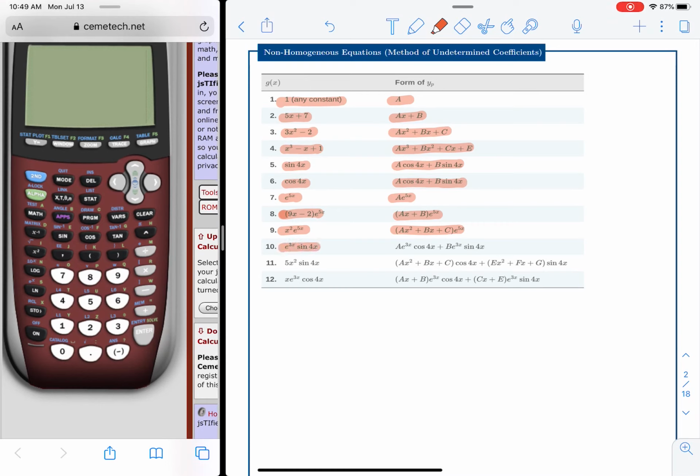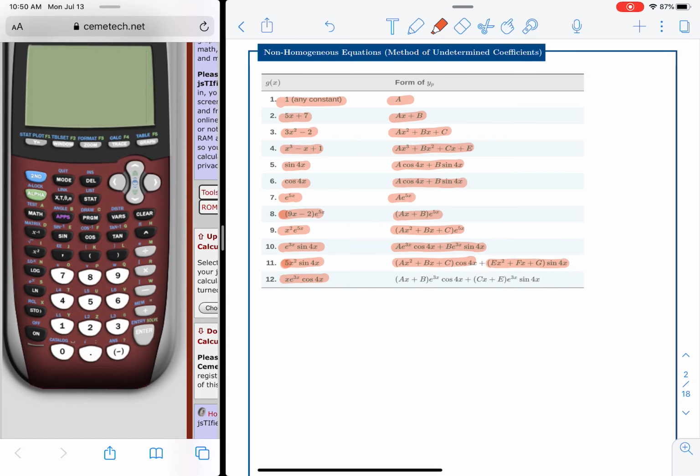And if we have e raised 3x cosine 4x, we use a e raised 3x cosine 4x plus b e raised 3x sine 4x. And if it has a quadratic function and a cosine function, I have to use ax squared plus bx plus c cosine 4x, plus ex squared plus fx plus g sine 4x.